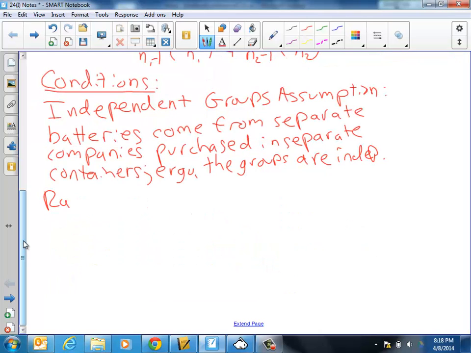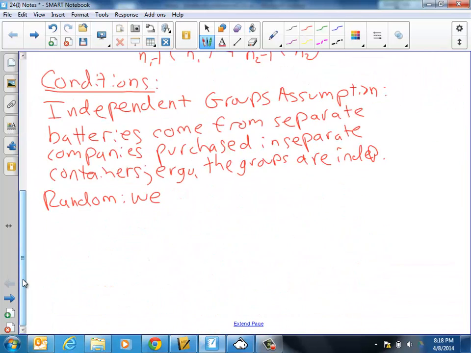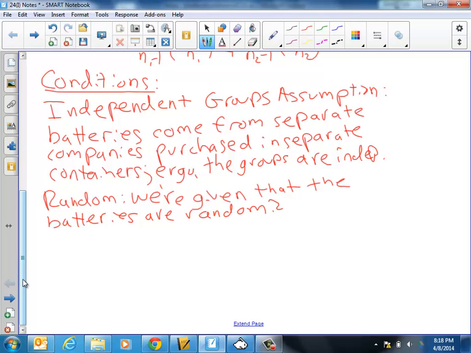After that, let's check randomization. We were told the batteries were obtained in a randomized way. We're given that information. Given that the batteries are randomized, okay, second condition knocked out, not a big deal. Third condition next up, 10%.